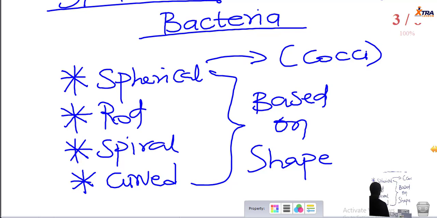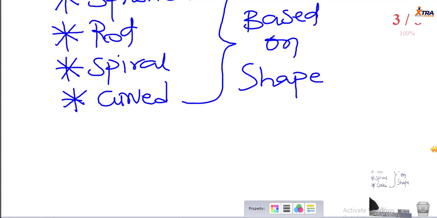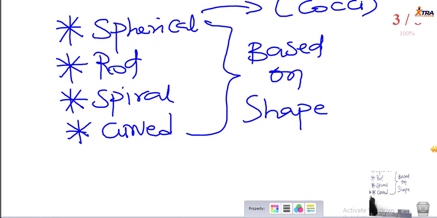When you hear rod shaped, you hear things like bacilli. Like the gram-negative bacteria we call bacillus, it means it's rod shaped.